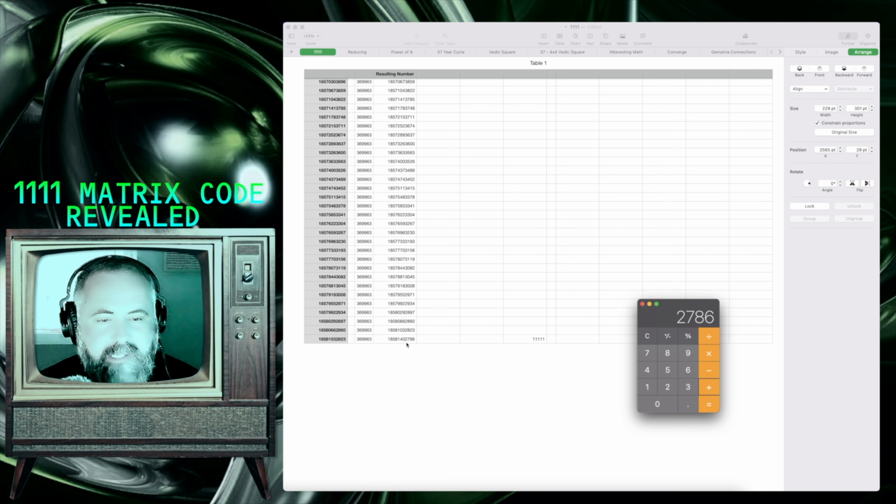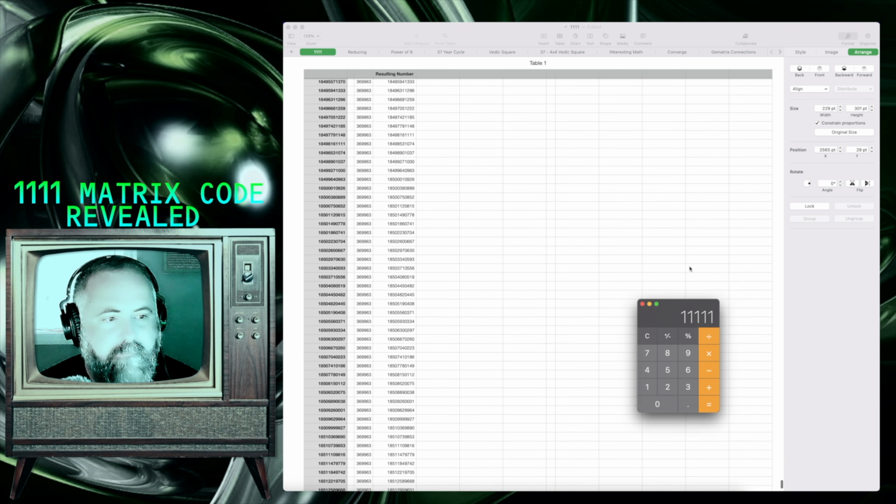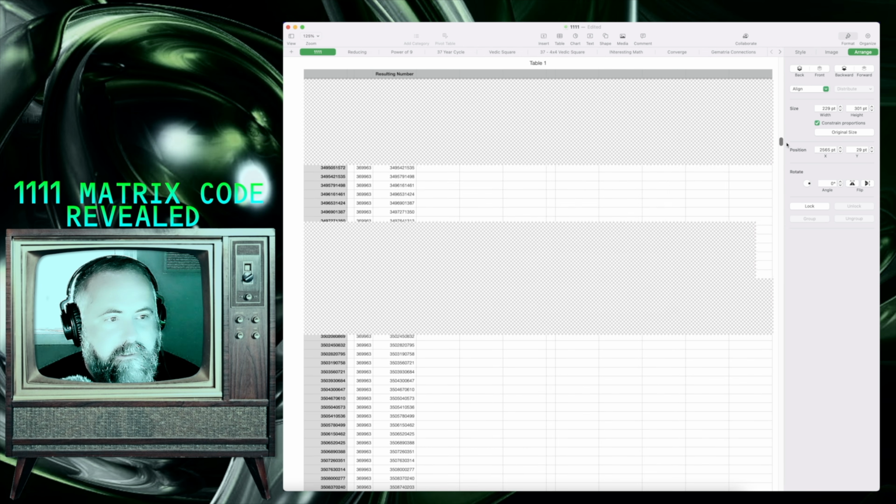Then we add 8140. And then we add 185. And that gives us the 5 ones. So that's how I was able to bring that number back to all ones. Very easy to do.